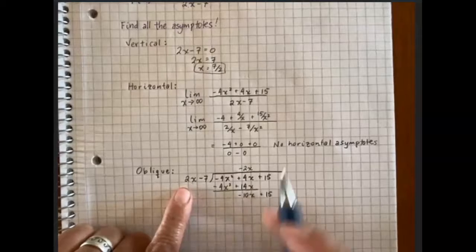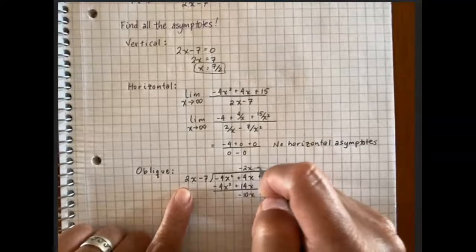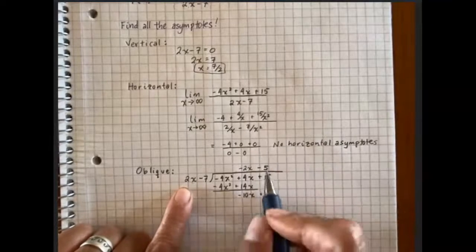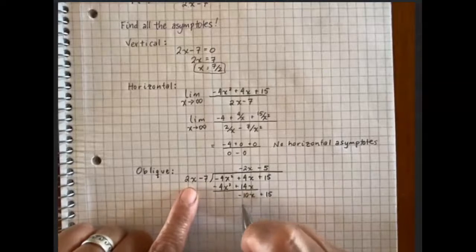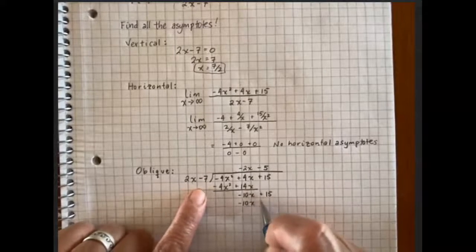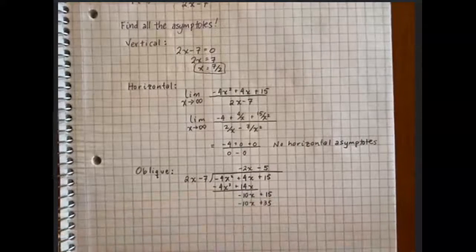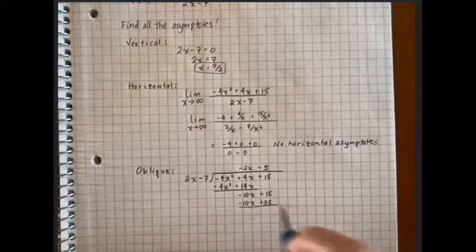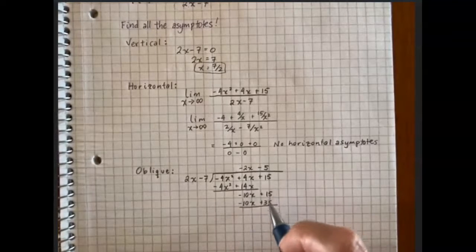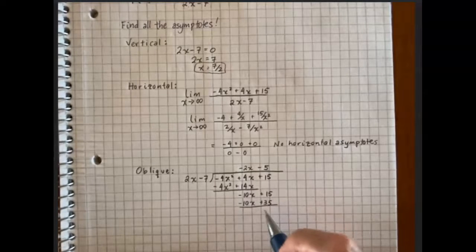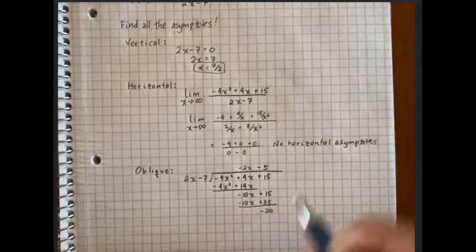2x goes into negative 10x negative 5 times. Negative 5 times this binomial is negative 10x plus 35. Subtracting again, I get 15 minus 35, or negative 20.